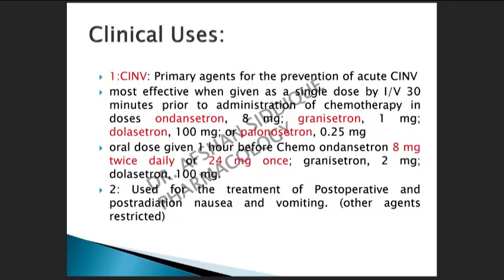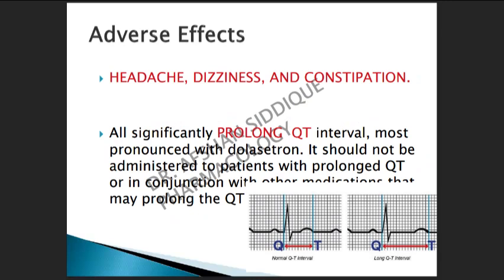Okay? So its use is restricted for post-operative vomiting as well as post-radiation or post-chemotherapy induced emesis too. But it is used to minimize the chance of emesis once it is given before the chemotherapy, which we have discussed in the clinical uses.